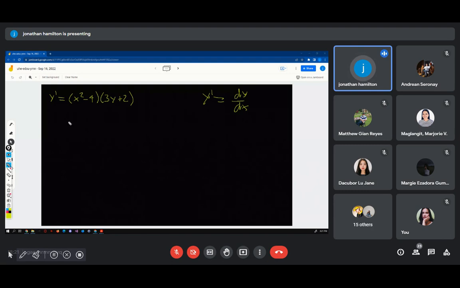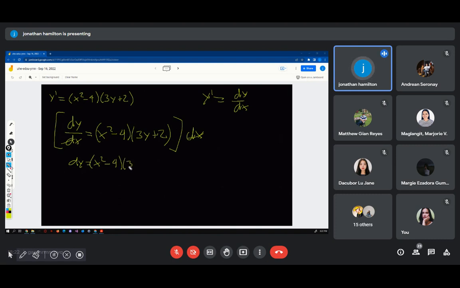If we try to simplify this, we could say dy over dx is equal to x squared minus 4 over 3y plus 2. To get this, we can multiply both sides by dx, so it cancels out. We're left with dy is equal to x squared minus 4 over 3y plus 2 dx.